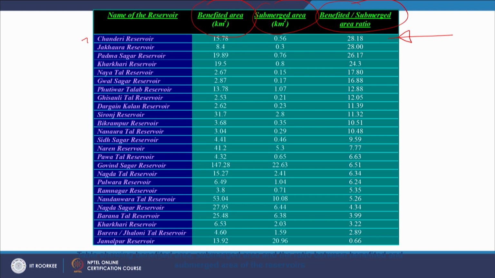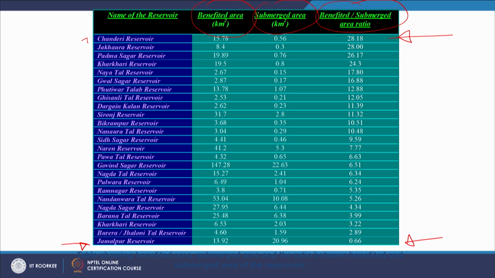So, this kind of ratio development for any hard rock terrain is very useful for siting future reservoirs or future groundwater structures in the vicinity. If I take another example, the extreme example at the bottom, the Jamalpur reservoir, here the benefit versus submerged ratio is 0.6.